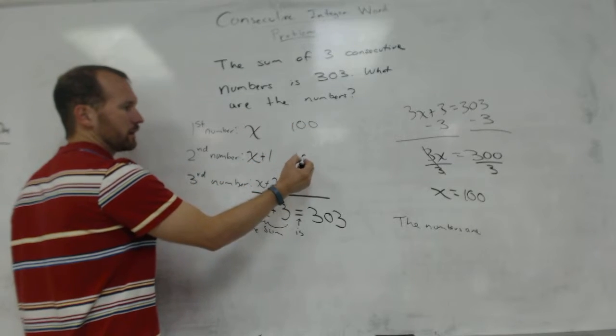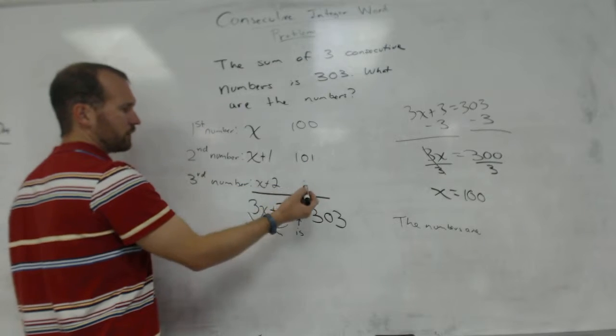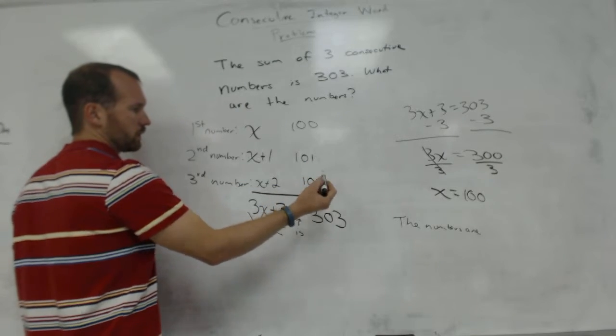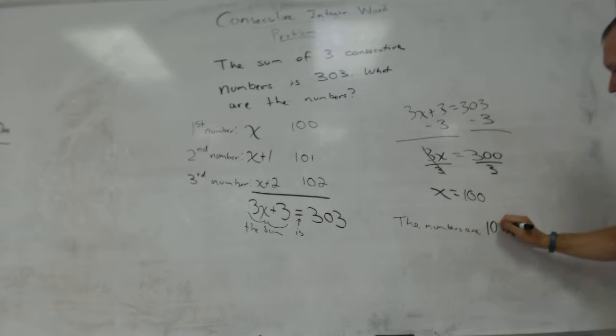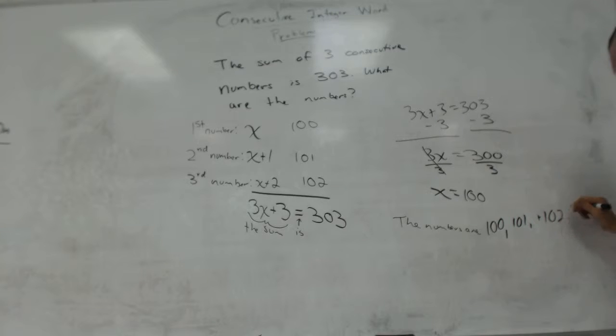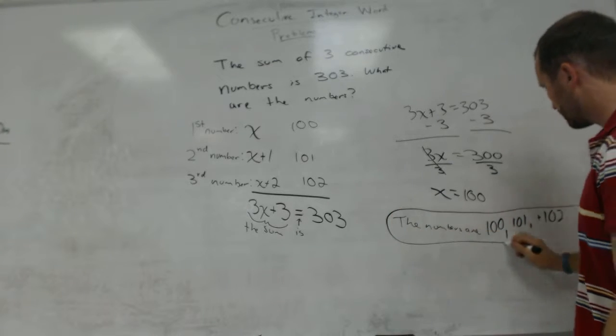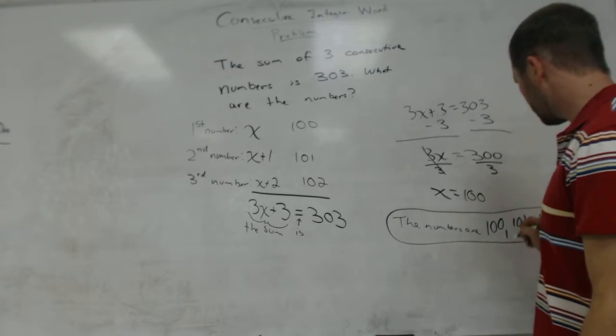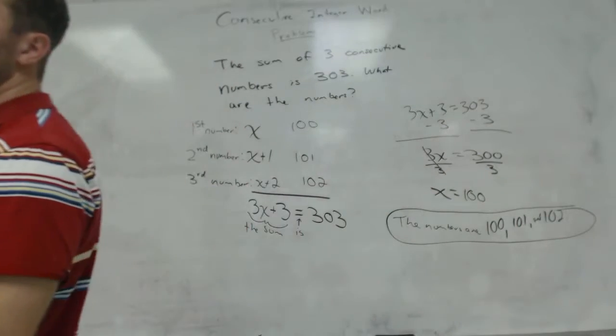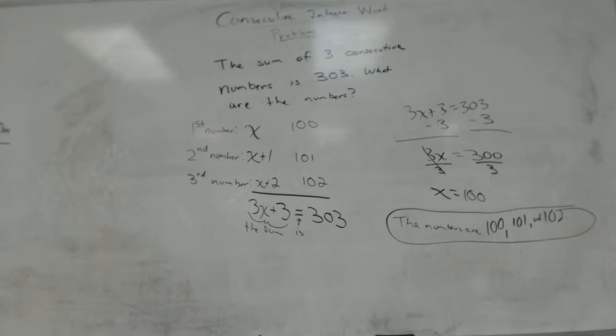So what's that? 101. The third number is x plus 2. 102. So I'm going to write my answer as a sentence. The numbers are 100, 101, and 102. Boom. That's right. That's it. That's how you solve these.